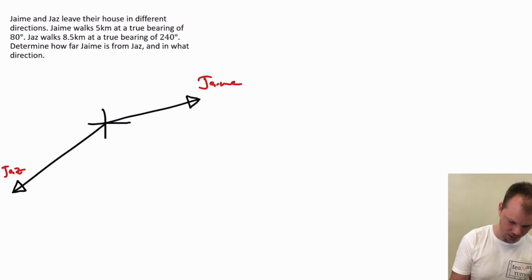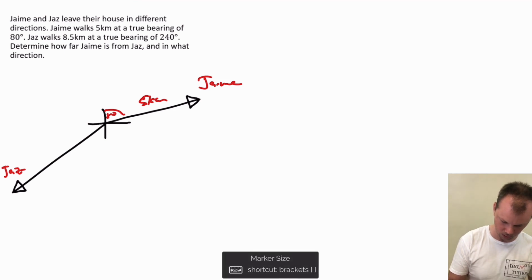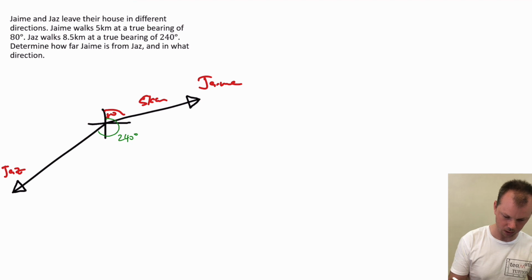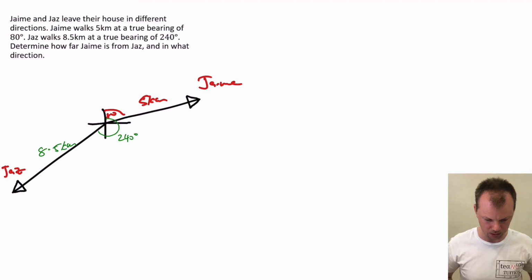Let's put our angles in. That's 80. That's 5 kilometers. This one is 240. Let's change the color. That angle there, 240. And 8.5 kilometers. Okay. Now, what does the question ask?